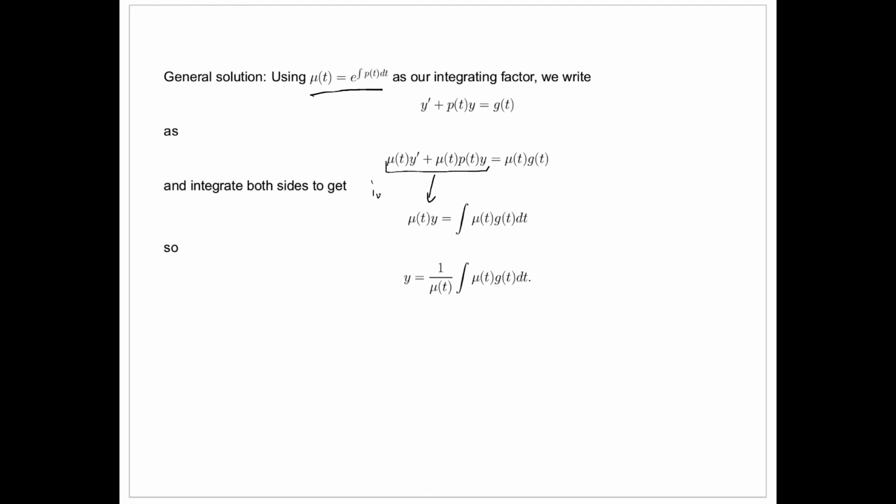When we integrate the left side, we get mu of t times y. When we integrate the right side, we get whatever that integral is. And then to solve for y, we just divide by mu of t, and we get our general solution of this form. Note, in this general solution now, there is an arbitrary constant associated with this integral, which we can't lose, otherwise we won't have all of our solutions.